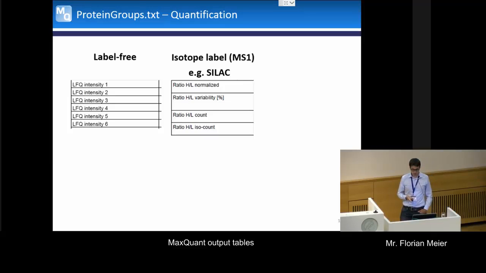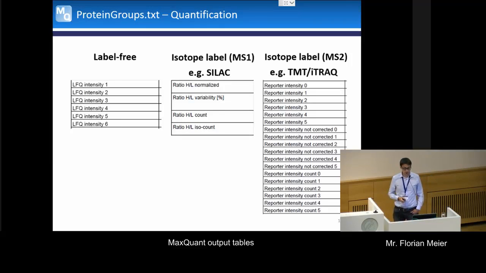And then if you run a TMT experiment, you get even more columns, which refer to the raw intensities of your reporter ion channels. The first set is corrected by the isotope distribution of the label. So you get all the reporter channels for the corrected, and also for the non-corrected.